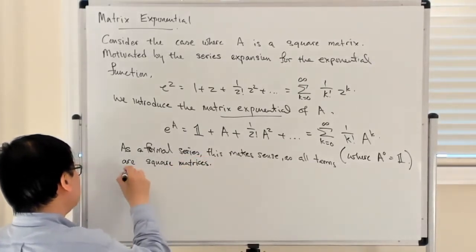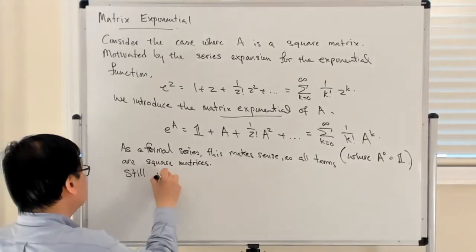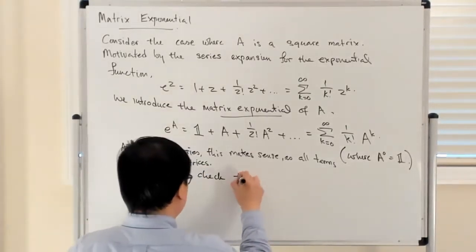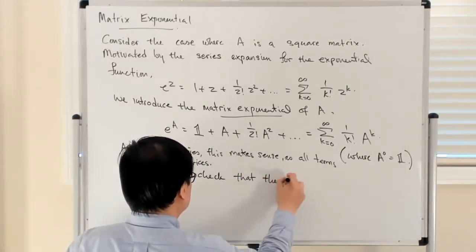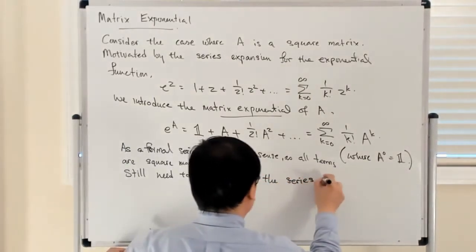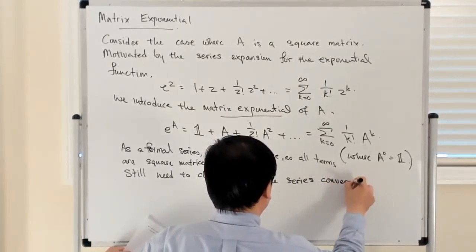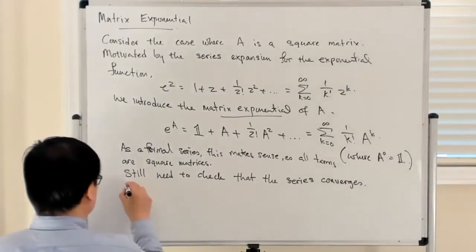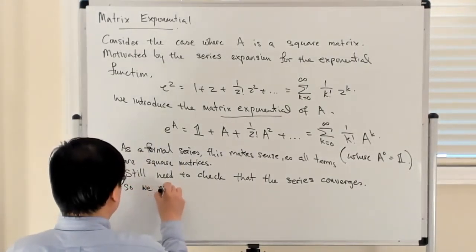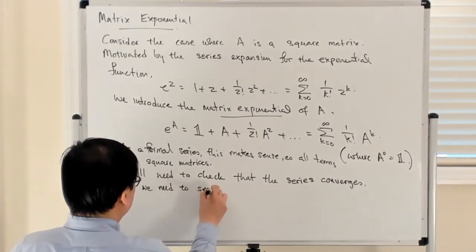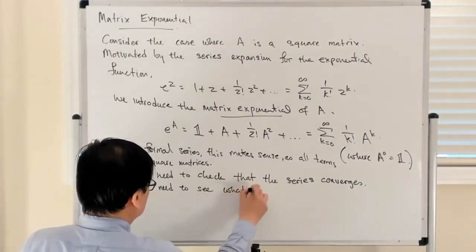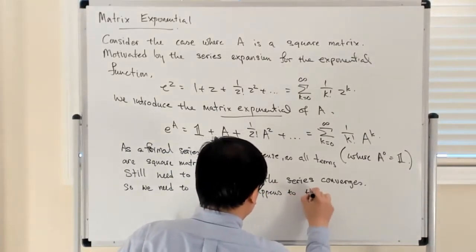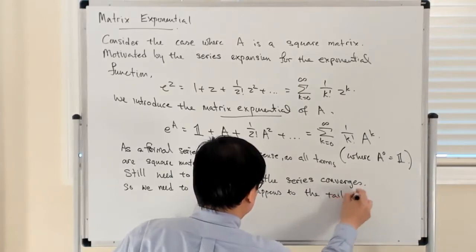Okay, so we still need to check that the series converges. And to do this, we need to see what happens to the tail of the series, the tail of the sum.